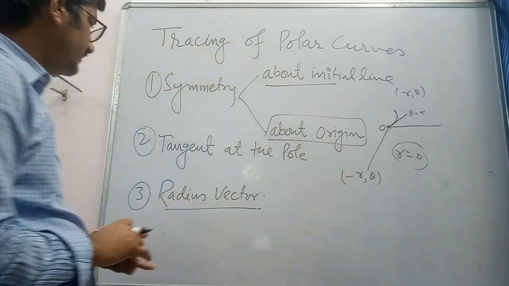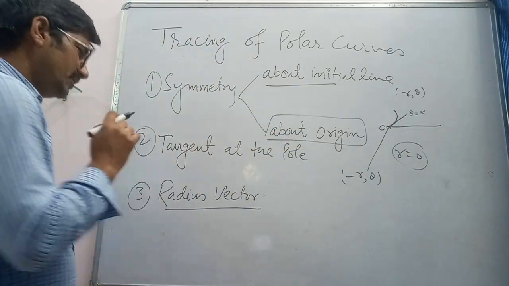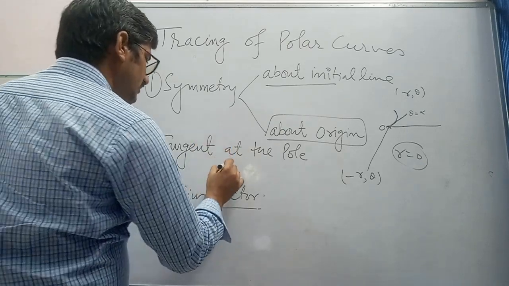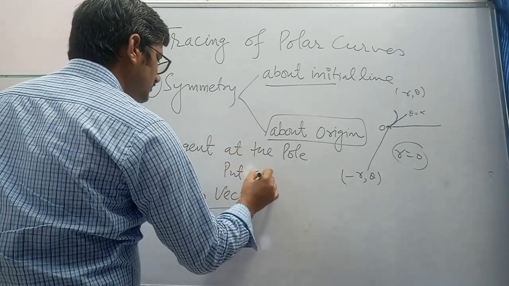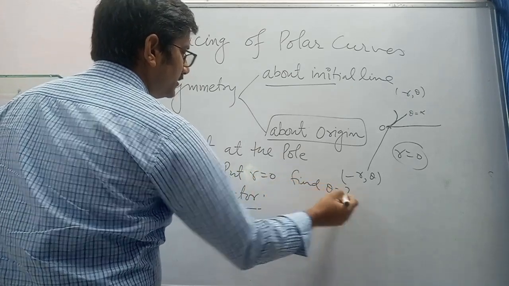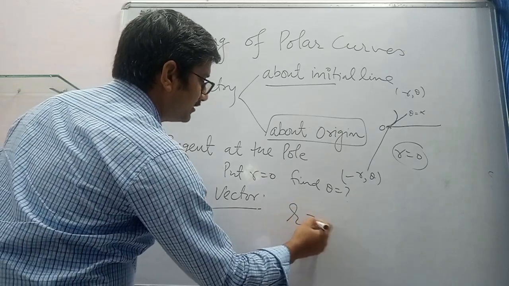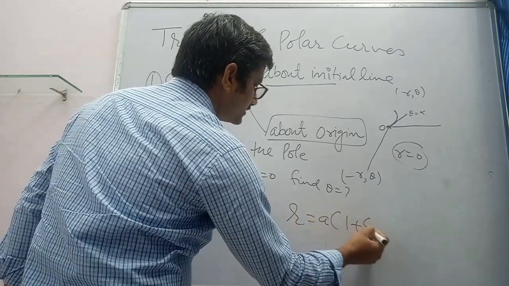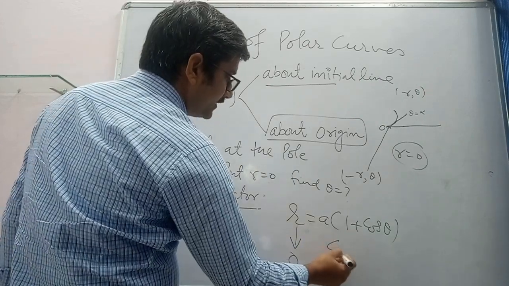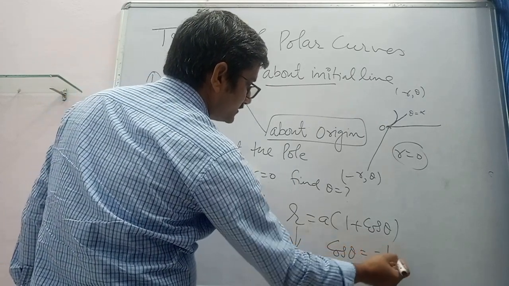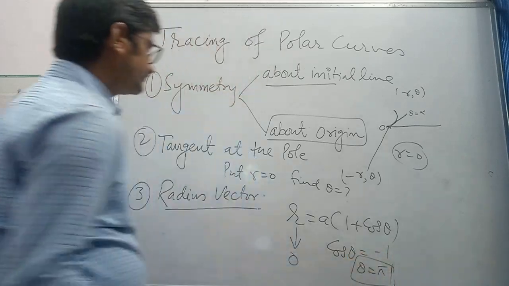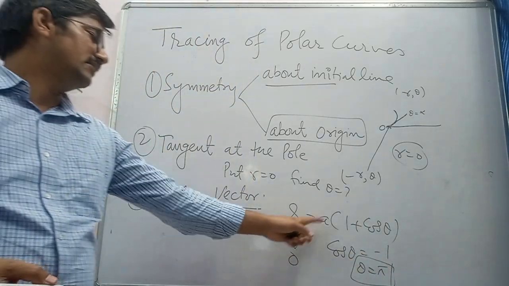So to decide the tangents at the pole, we can use this technique: put r equal to 0 and find theta. For example, you have this curve r is equal to a into (1 plus cosine theta). Put r equal to 0, so we find cos theta is minus 1, so theta is equal to pi. This is the tangent at the pole for this cardioid.